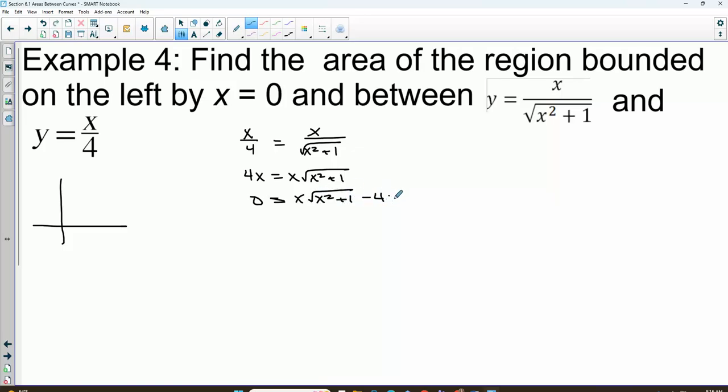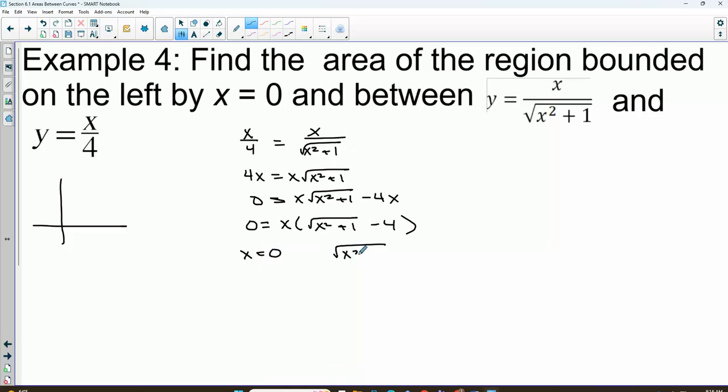There are different options for solving at this point. We could square both sides and that would work. Here, if I bring that over, then I can factor out an x. So then I just have to set both parts to 0. So x equals 0, we already had that as our starting point.